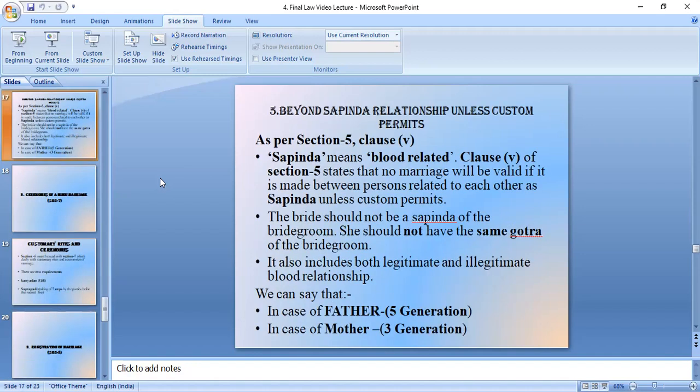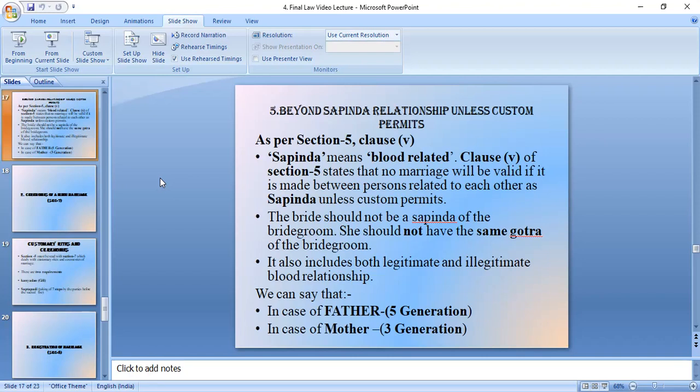The next condition of marriage is beyond Sapinda relationship unless custom permits. As per Section 5, subclause 5, Sapinda means blood-related. Clause 5 of Section 5 states that no marriage will be valid if it is made between persons related to each other as Sapinda unless custom permits.